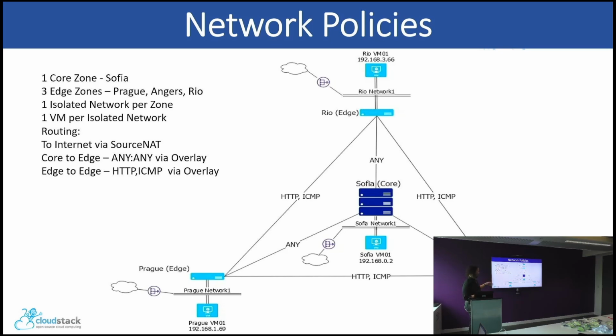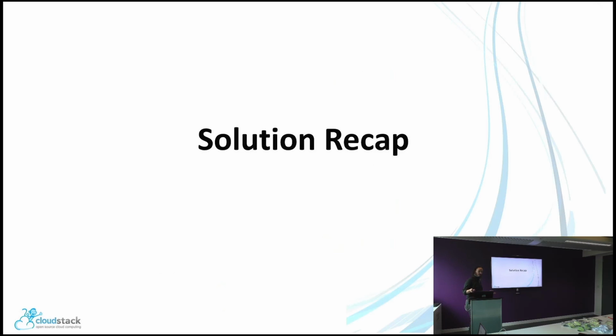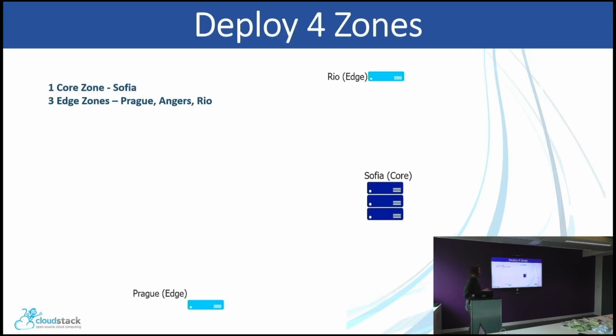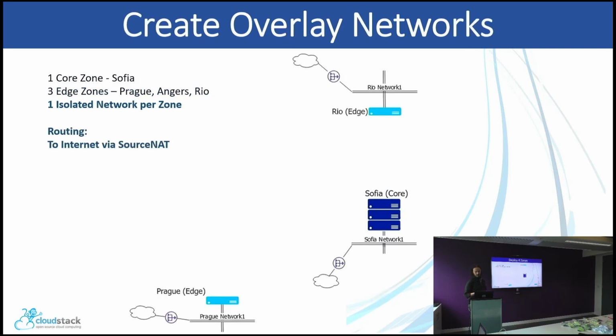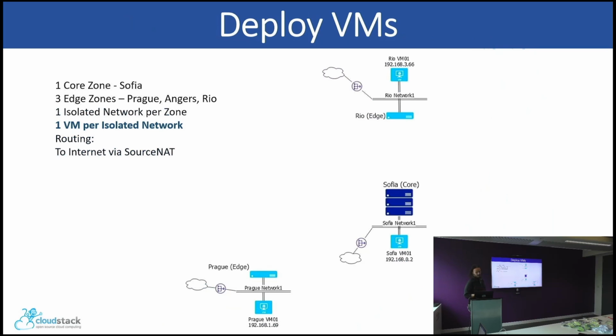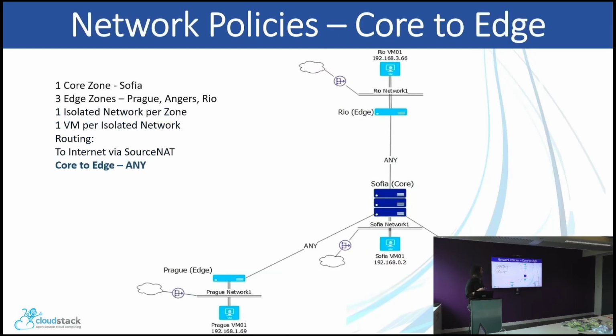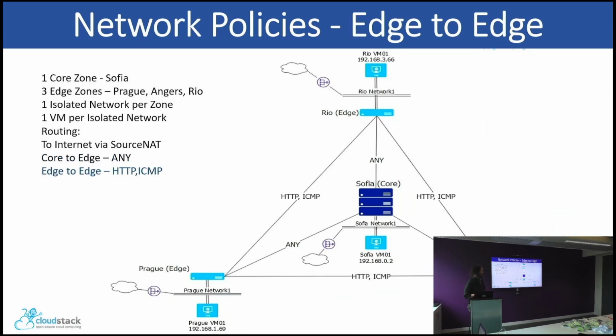So I have my source NAT in each zone, HTTP, ICMP between my edge zones, and any traffic between edge and core. So the steps for that were just deploy the zones with Tungsten Fabric, isolation, create my networks, deploy my VMs, create my rules from edge to core, and create my rules between the edge sites.